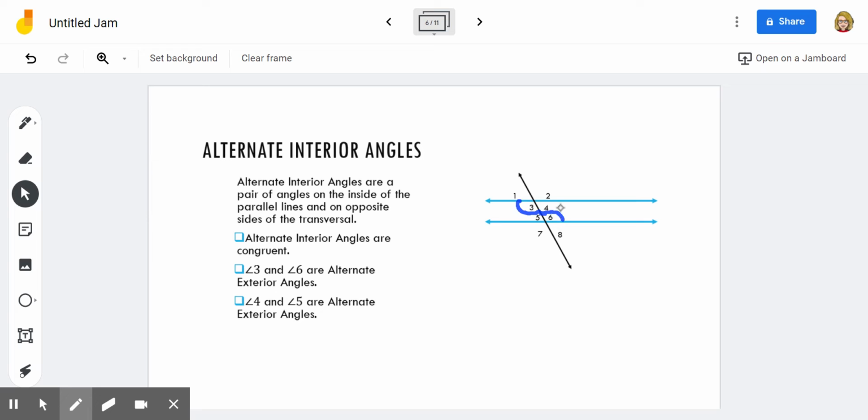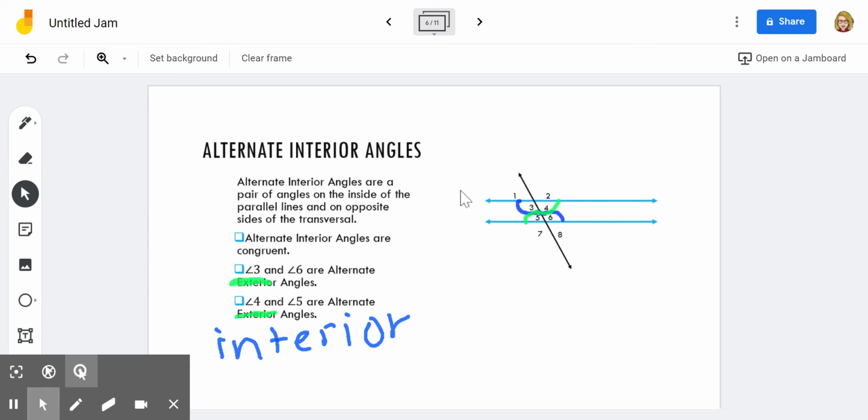They're on the opposite side of the transversal, but on the inside of your parallel lines. And then we also have 4 and 5, which would be alternate interior angles. So right here where it says exterior, ignore it. It really should say interior for both of those.